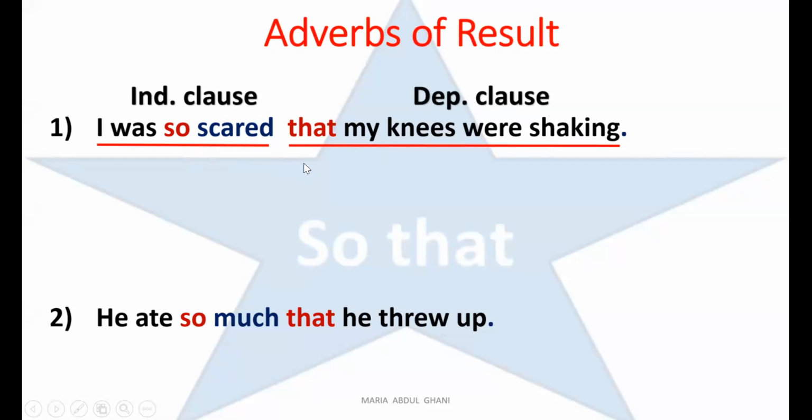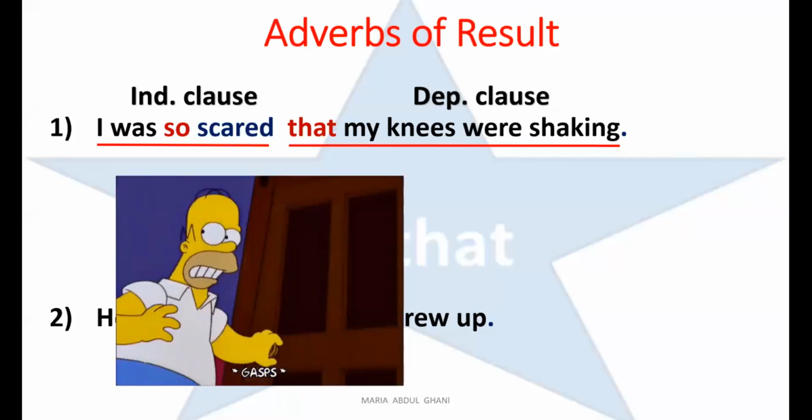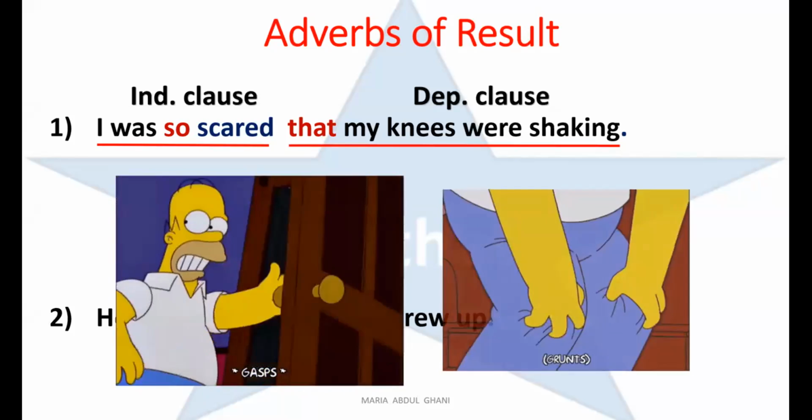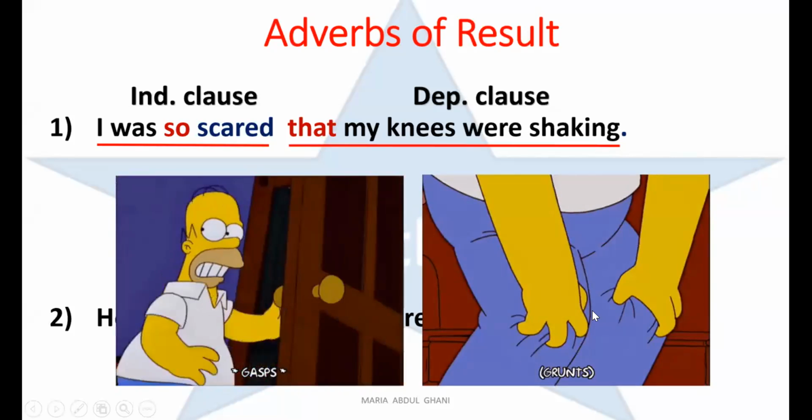I was so happy that I started to dance, for example. So here they are giving you the effect of happiness, the result of happiness. In this way, you use so, adjective, that. You can use this one when you are writing. Here, see, this person is so scared that his knees were shaking.